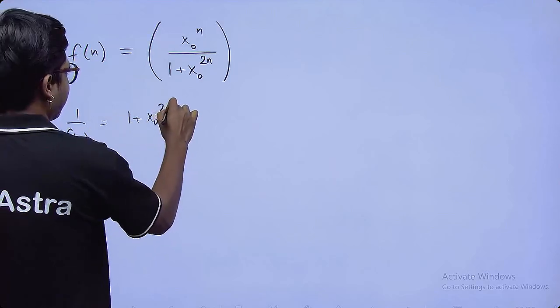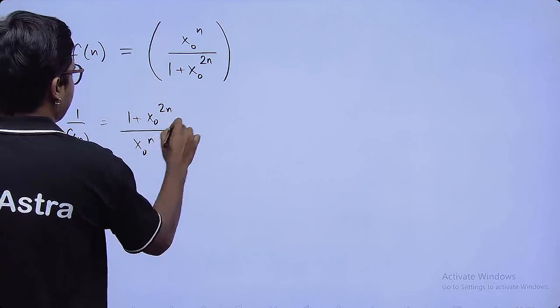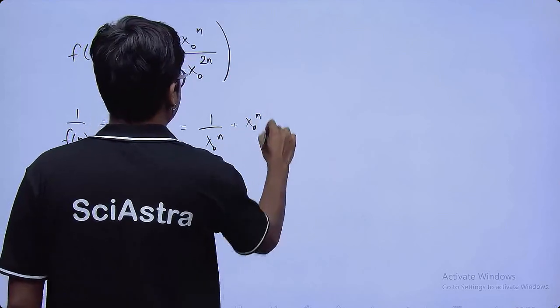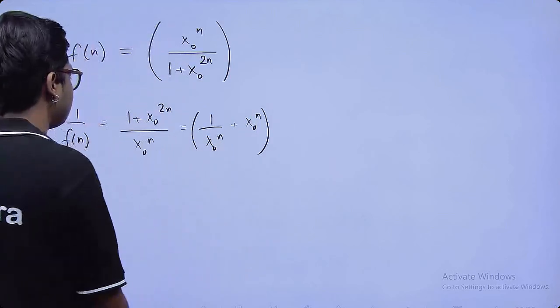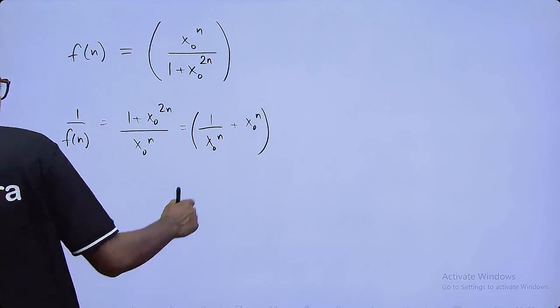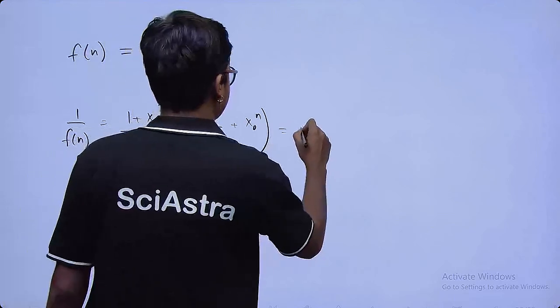You can always differentiate it, but I'm trying to find an easier way. This is 1 by x naught power n plus x naught power n. This is going to be easier to differentiate now. So let's look at this function as g of n.